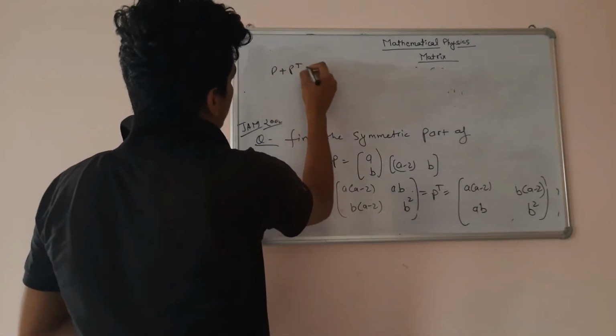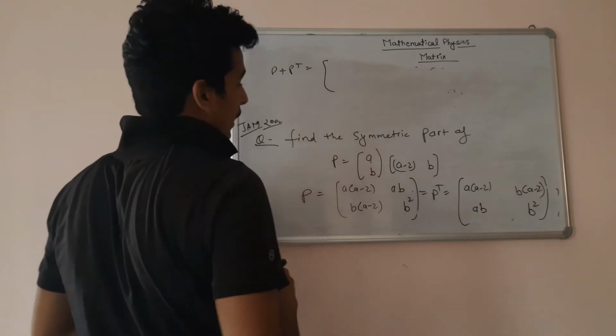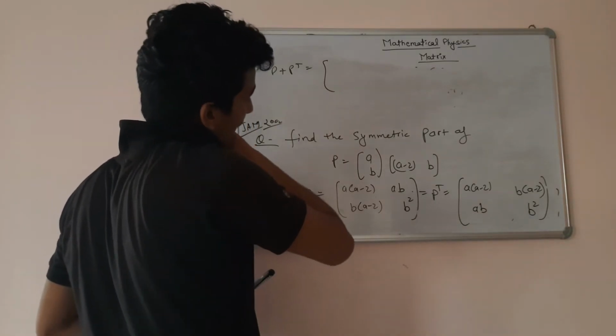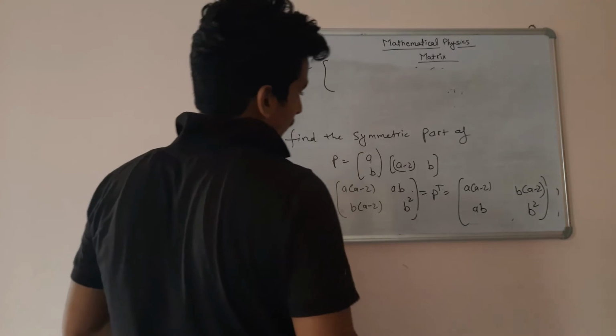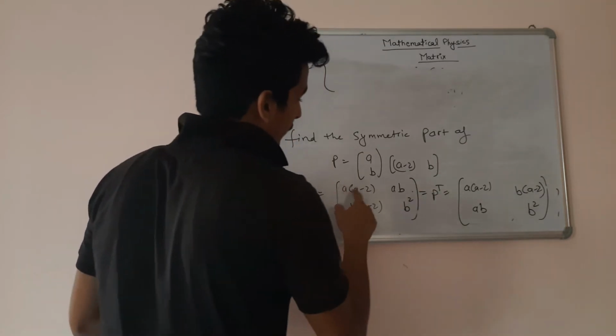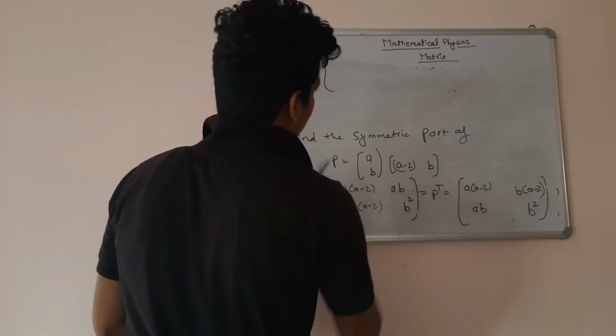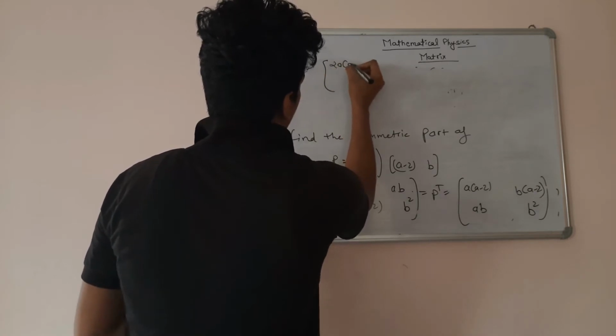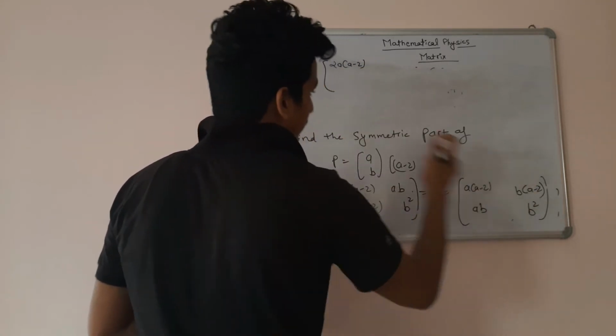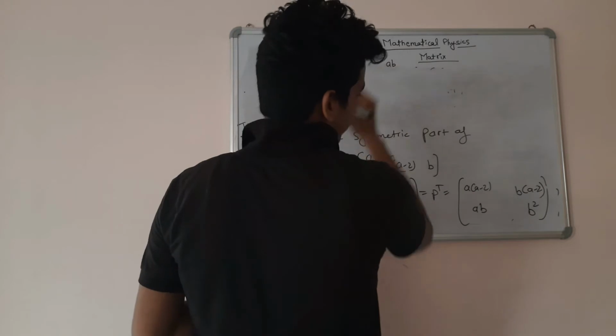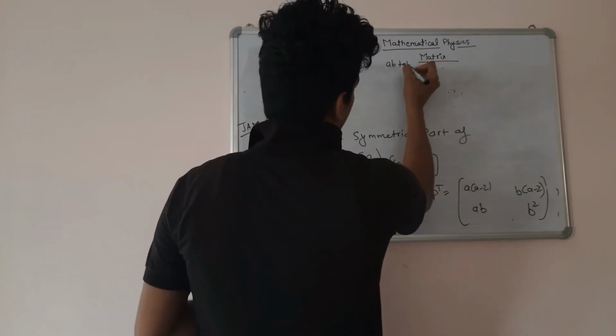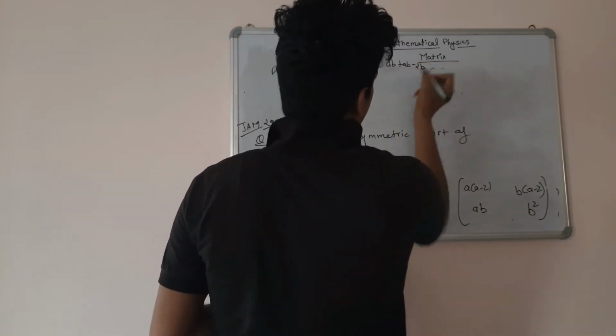P plus P transpose equals, you also know how to add two matrices. We have to add the individual elements. We have to add this with this, as these are the same, so I have directly done this. We have to add this to this. So this is AB plus AB minus 2B.